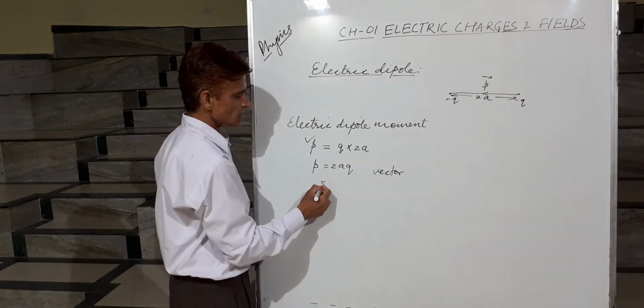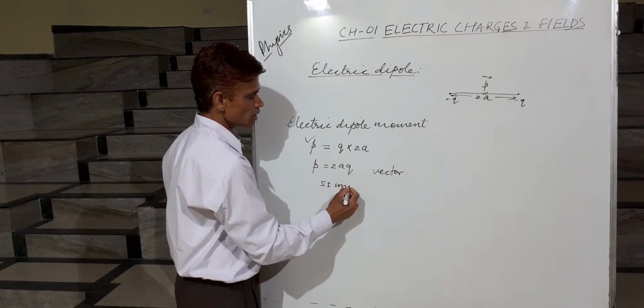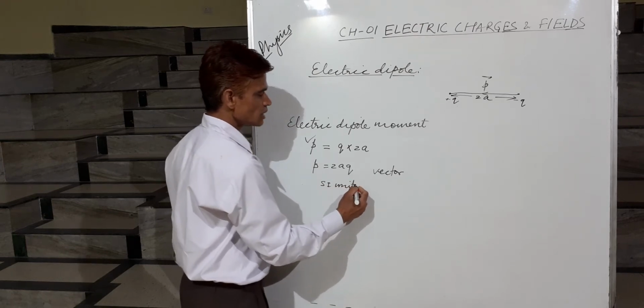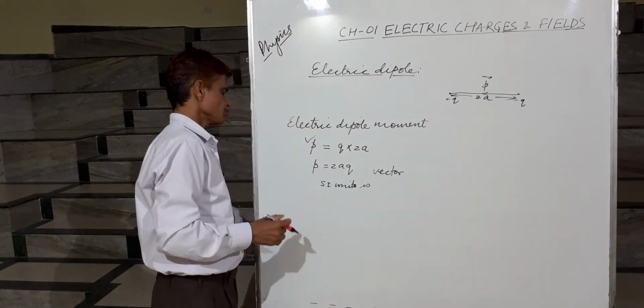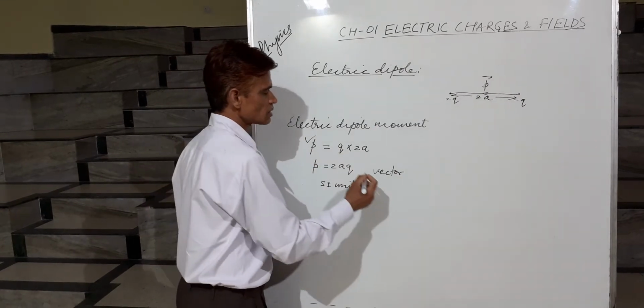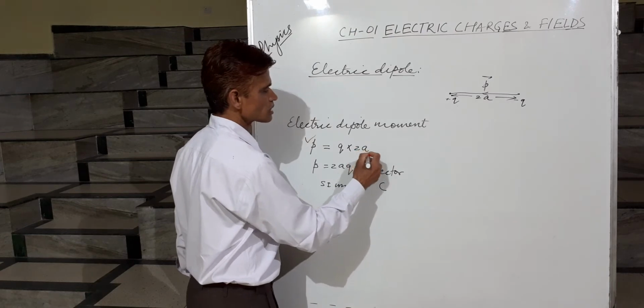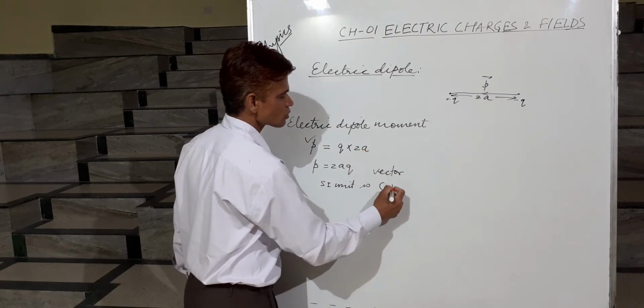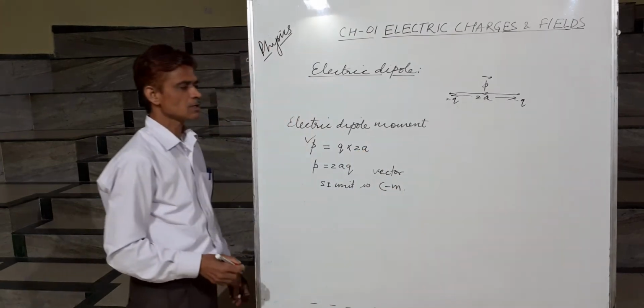Now its SI unit is, the unit of charge is coulomb, and that of this distance, 2a, is meter, so coulomb meter. Its SI unit is coulomb meter.